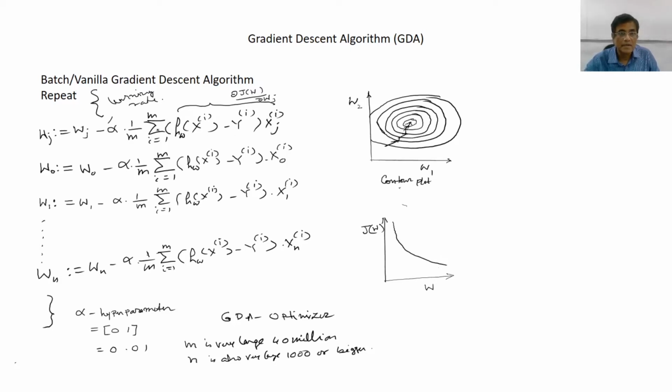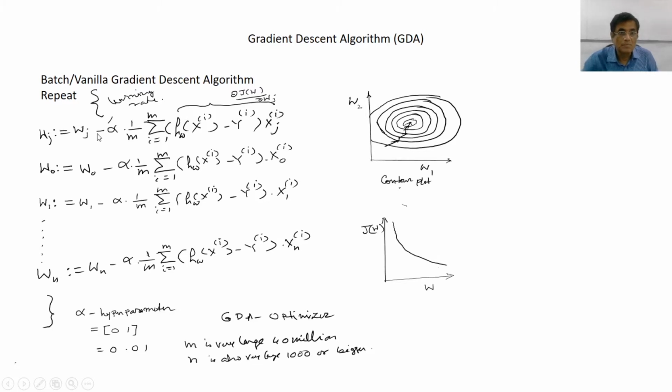Why slowly? Because to make a step, that means to assign a new value to Wj, the algorithm is scanning all the samples. So if you have millions of samples, it has to scan millions of samples before taking a step, before calculating this parameter. So that's a problem, isn't it?